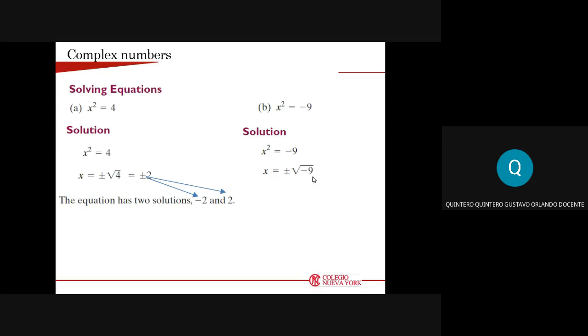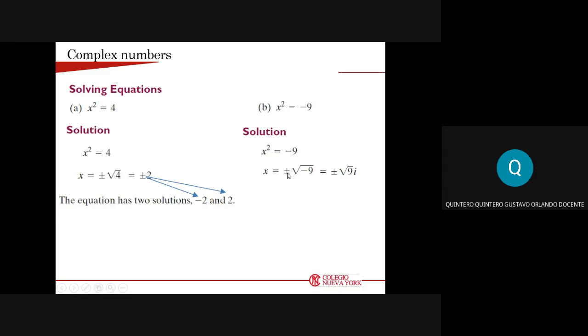So this negative 9 can be split into two, negative 1 and 9. So we have the square root of negative 1 times the square root of 9. This is the square root of 9 times i. Look at that. We just took the negative of the root outside of the square root. The square root finishes here in the 9. This i is outside of the root.